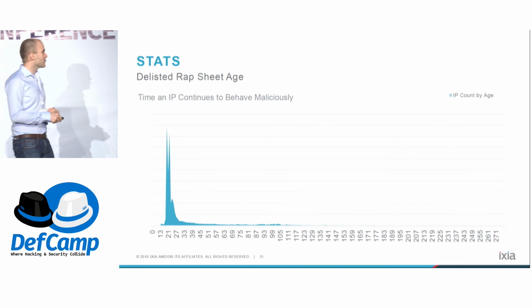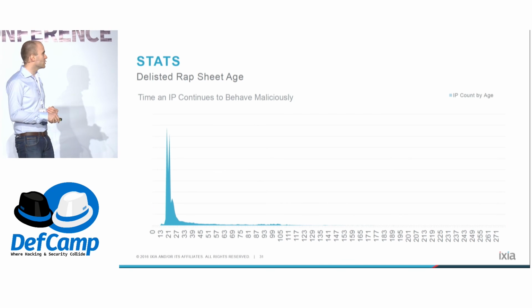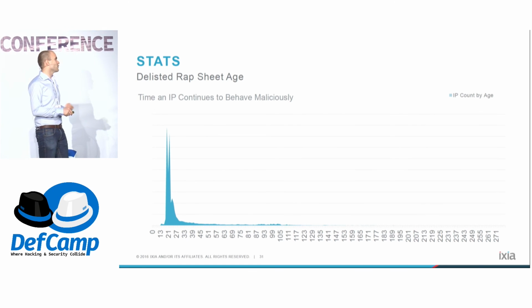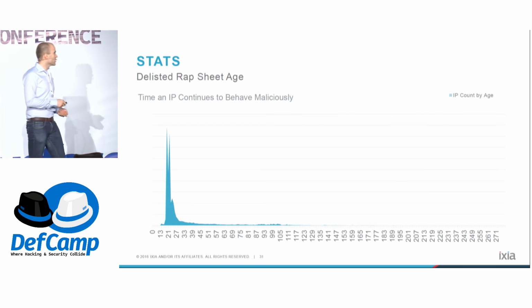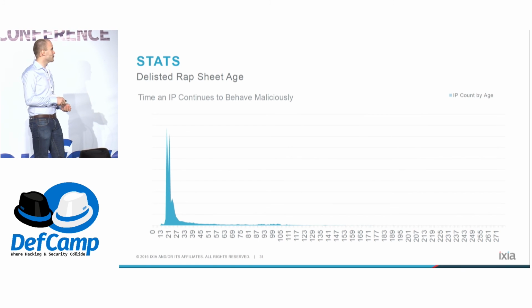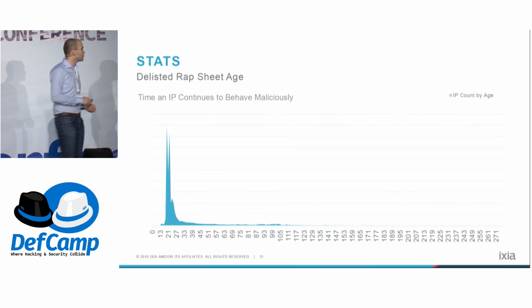As you can see from the previous graph, we also have IPs that got delisted after 250 days, for example. So most of them get delisted after 30 days, and this makes it a really dynamic system.